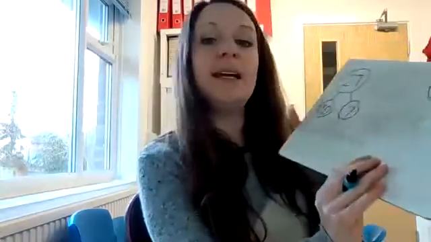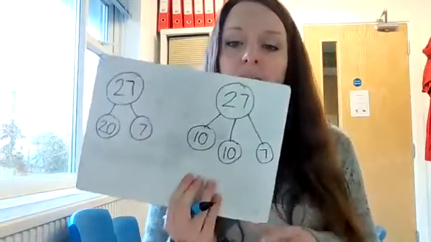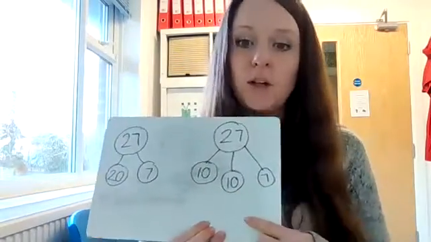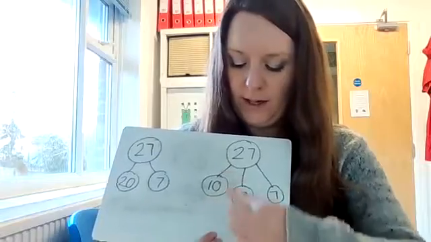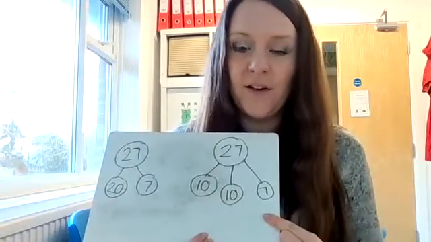You might have written, my whole number is 27. It is made up of 2 tens. You're correct. So you can draw those tens. 1 10, 2 tens, and 7 ones. So you could have drawn it like this. This is also correct. 20 is made up of 2 tens, and 7 ones.